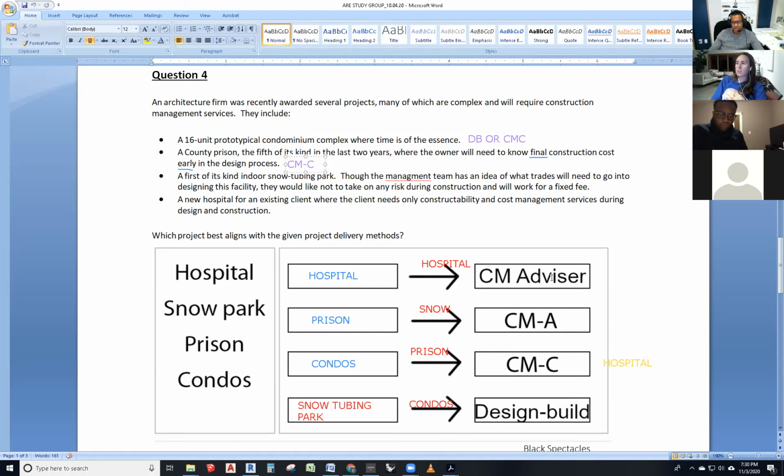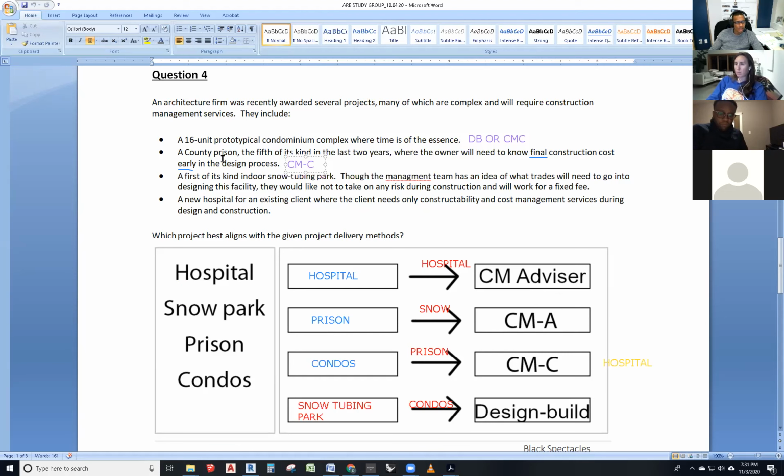Yeah, I thought advisor is just for fees and knowing the prices, establishing costs before they actually go to construction. I find it weird that they're using both of these like this because they're pretty much almost the same. So the only difference is, yeah, you're right. One acts as the owner, the other one advises the owner throughout the process.